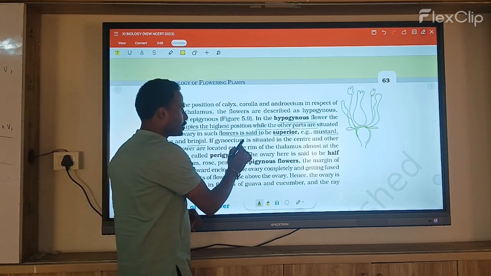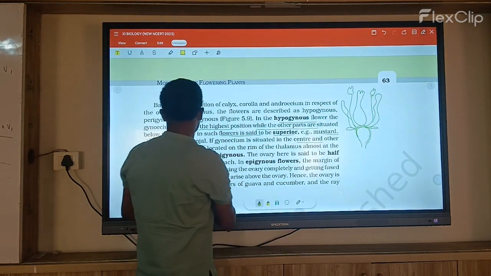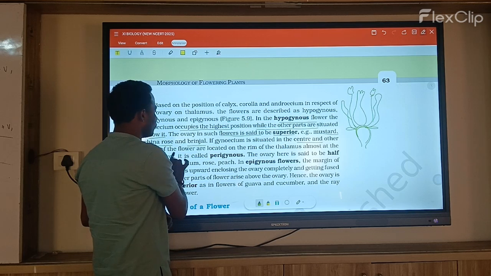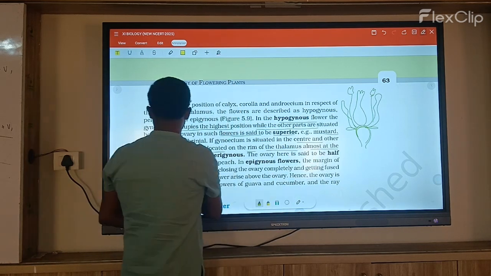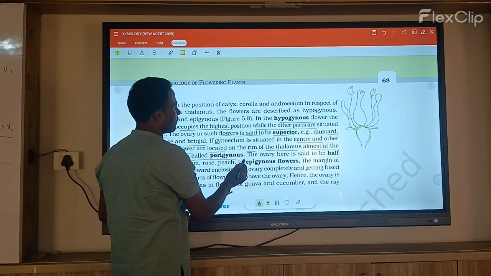Next, if the gynoecium is situated at the center and the other parts of the flower are located at the rim of the thalamus at almost the same level, such a flower is called a perigynous flower.